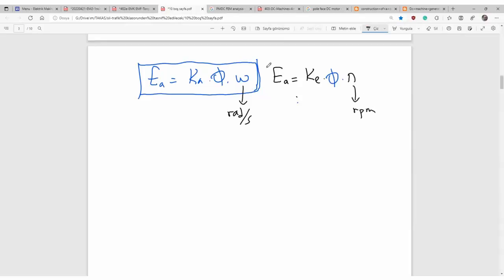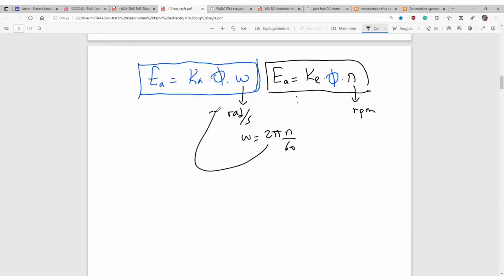You also know there's a relation: angular speed is equal to 2 pi n over 60. So let's rewrite this equation here. Ka times flux times 2 pi n over 60.